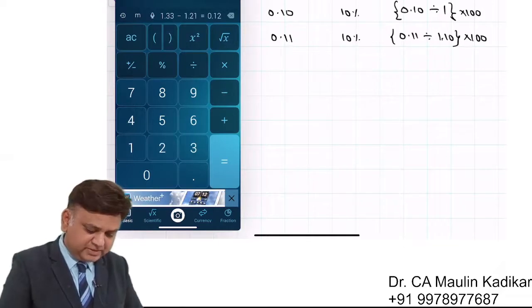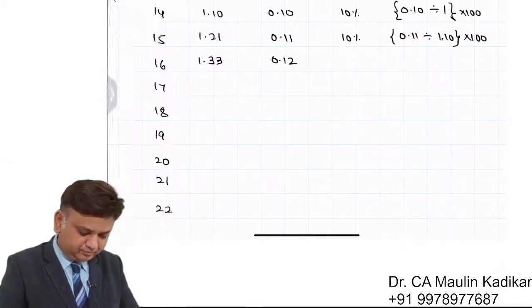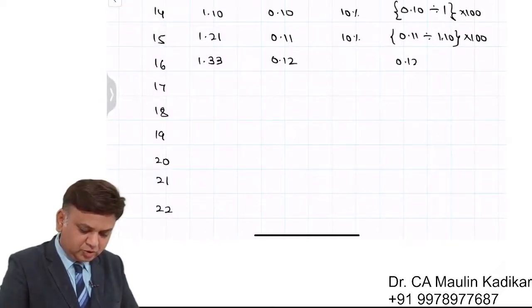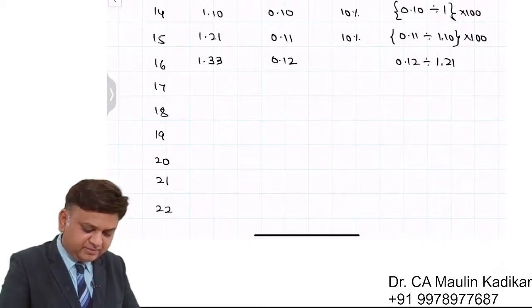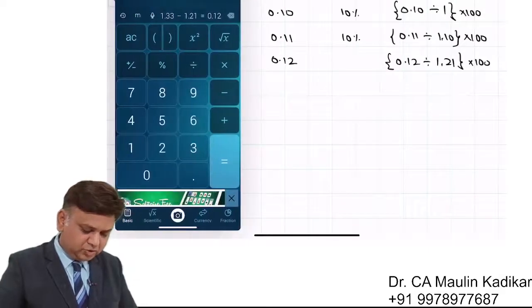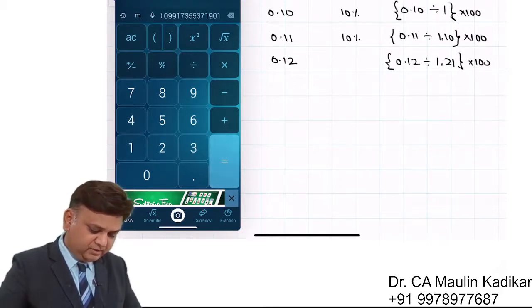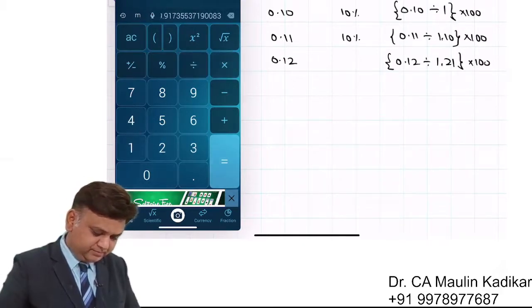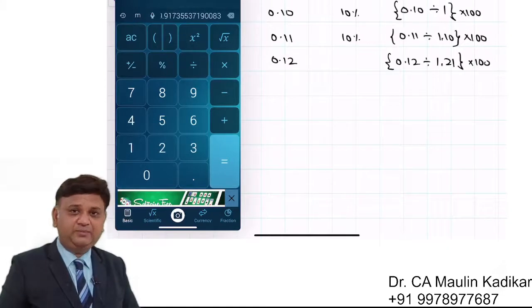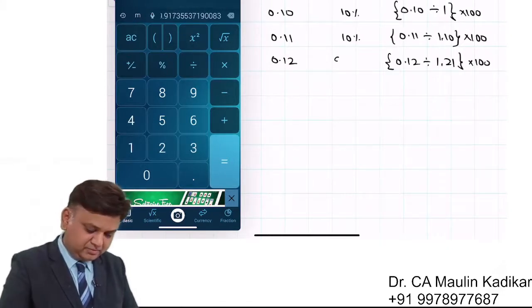That comes to 12 paise. So 12 paise divided by 1.21 into 100. So 0.12 divided by 1.21 into 100. That comes to 9.92 percentage.